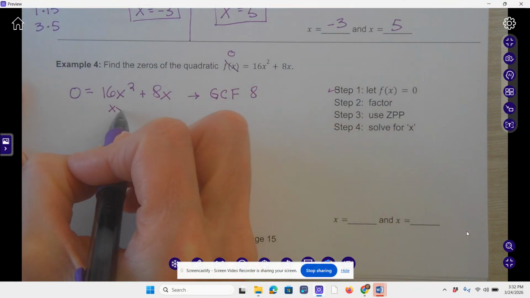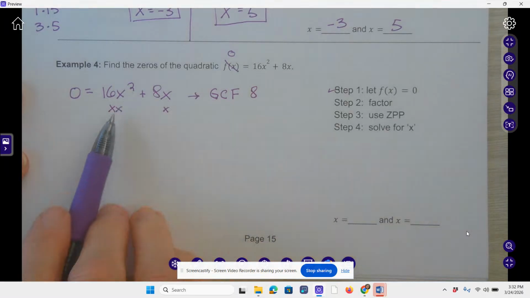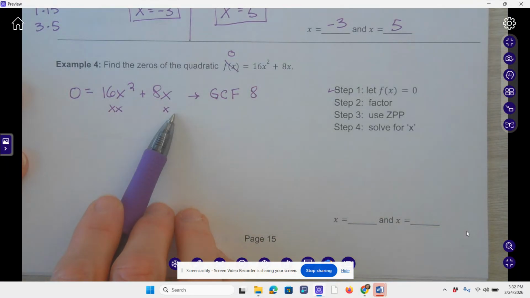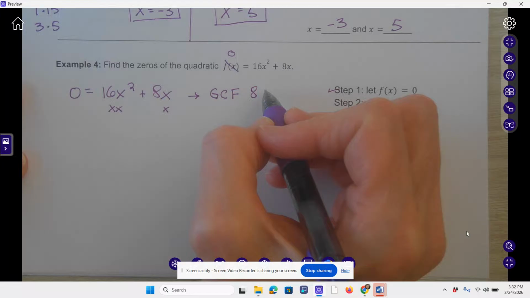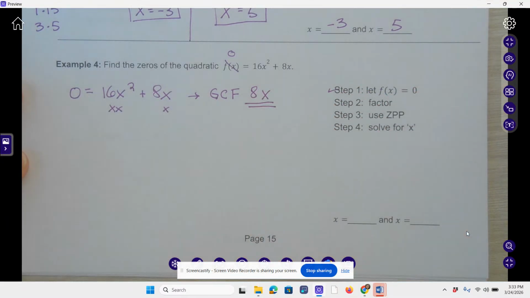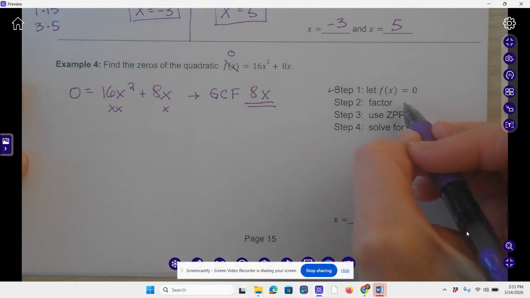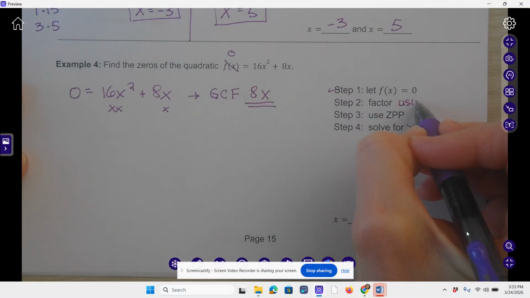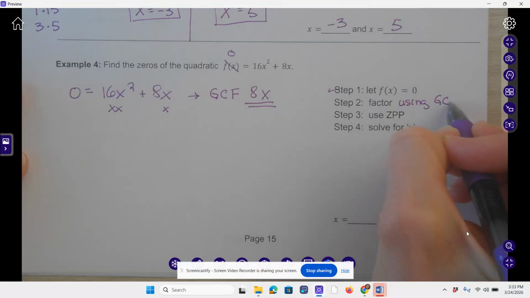This term has 2 x's. This term has 1 x. So both terms have at least 1 x. So I have a greatest common factor. So I'm going to factor this not using the box. I'm going to factor this using GCF.